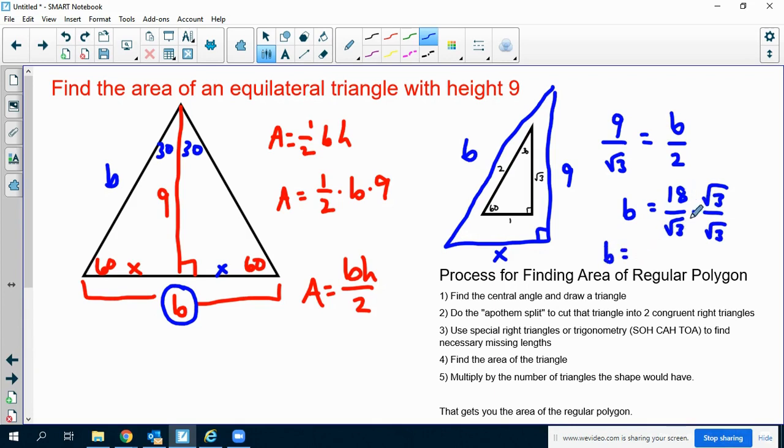So that's 18√3 divided by 3, because √3 times √3 is 3, and 18 divided by 3 is 6. So B is equal to 6√3. So the area of this is 1/2 times the base, which is 6√3, times the height, which is 9. And if I simplify that, I get 27 times the square root of 3 units squared.